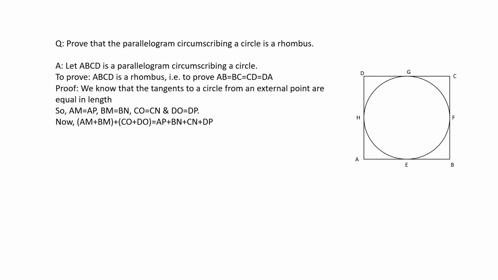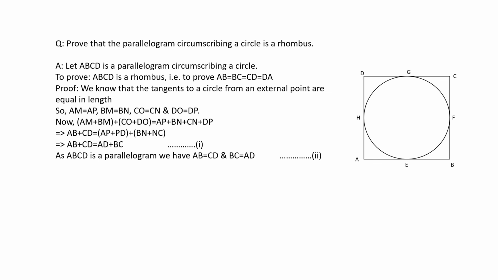Now, AM plus BM plus CO plus DO equals AP plus BN plus CN plus DP, which implies AB plus CD equals AP plus DP plus BN plus NC, which implies AB plus CD equals AD plus BC. Let this be the first equation.